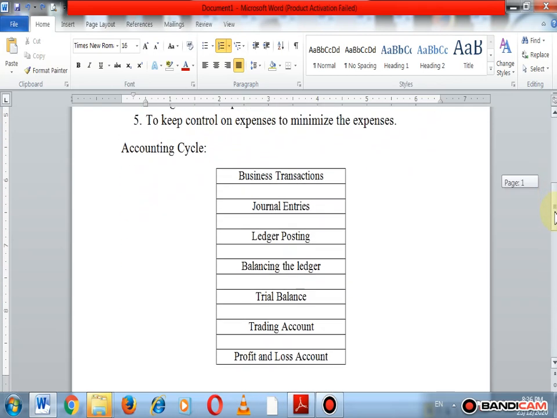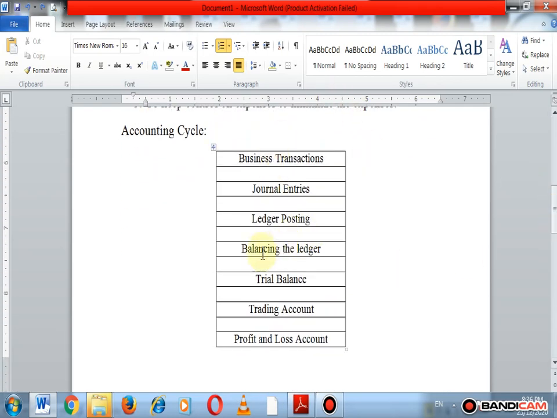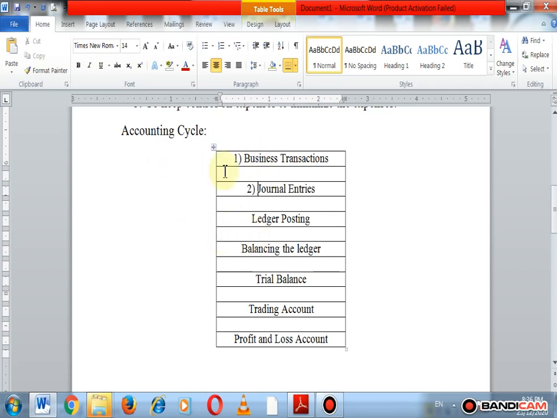Here, accounting cycle: first, business transactions, then we make the journal entry of business transactions. Then third, we prepare ledger accounts, or we post the journal entry into ledger accounts, which is the third step of the accounting cycle.